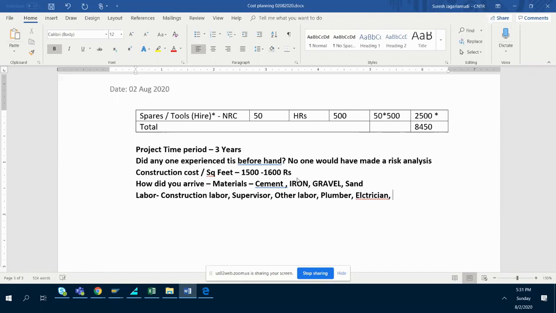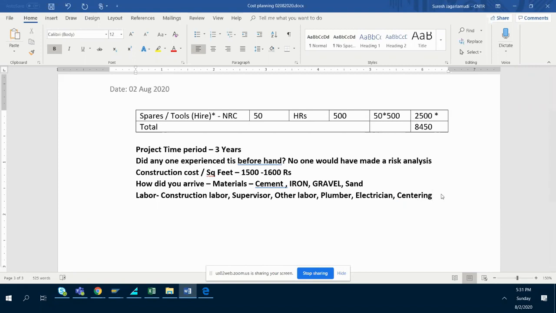Then, are there any erection works like that? What do we call it? Centering, carpenter. Centering, false centering.